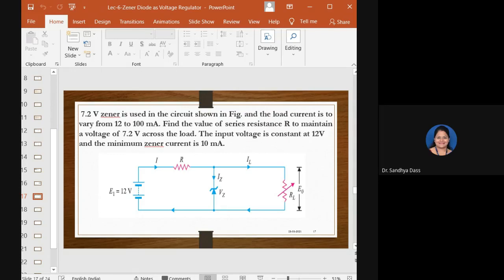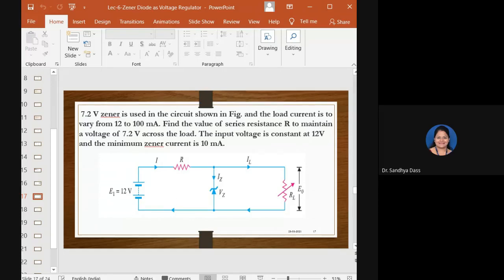Now tell me what are the things given there? Ma'am, IL minimum and IL maximum are given, and the minimum Zener current is also given. What else is given? Input voltage of 12 volts.